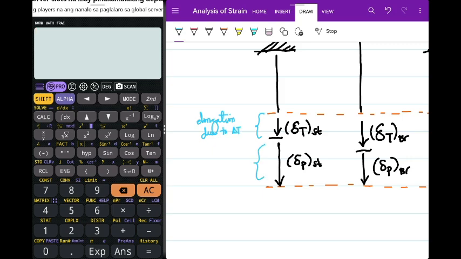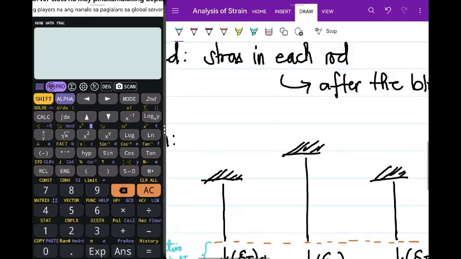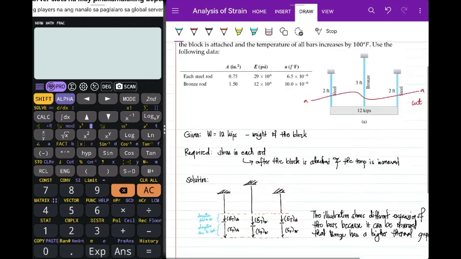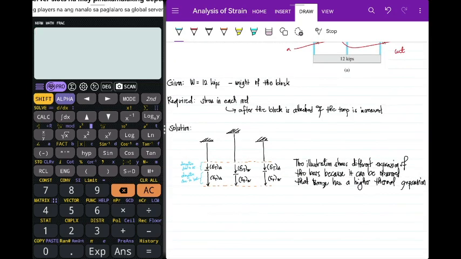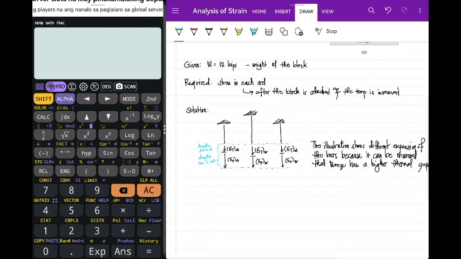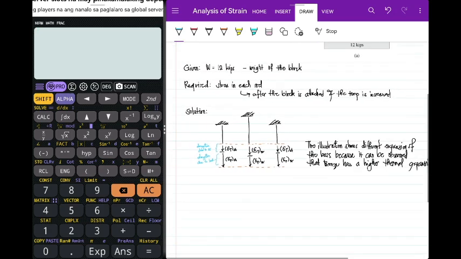Simply because, if you can notice in the given above, bronze has a much higher coefficient of thermal expansion.